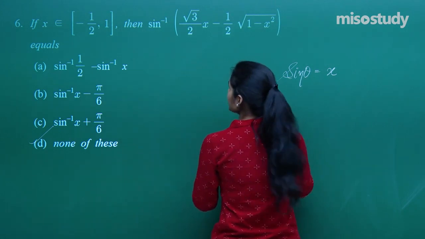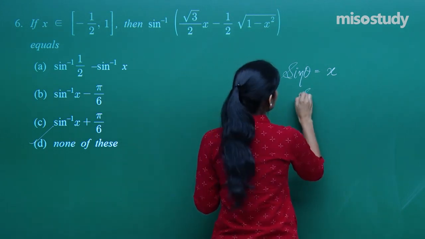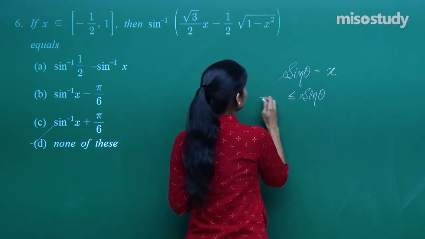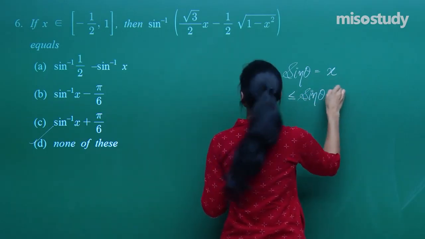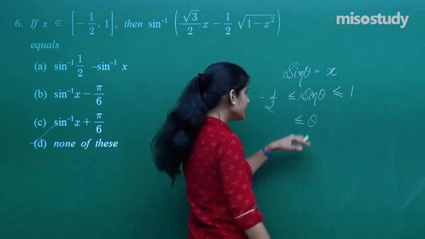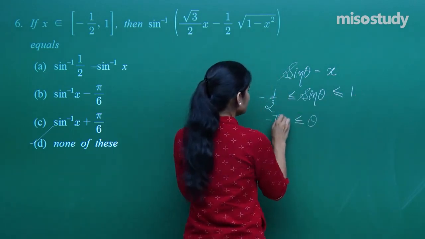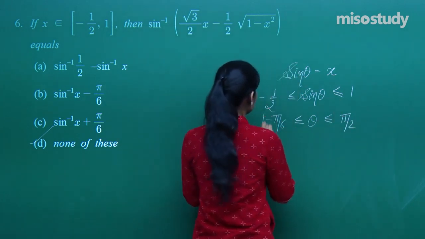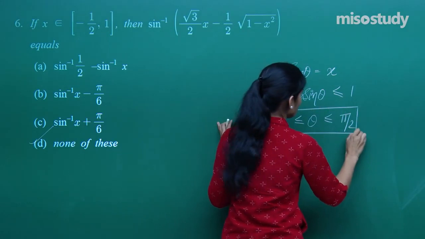Now it is given that x is lying between minus 1 by 2 to 1, that means sine theta is lying between minus 1 by 2 to 1. So theta is basically lying between what? Sine inverse of minus 1 by 2 to sine inverse of 1. This is the very range of theta.